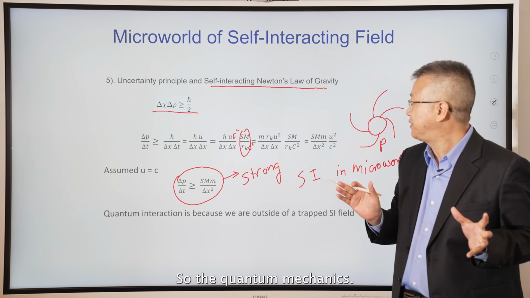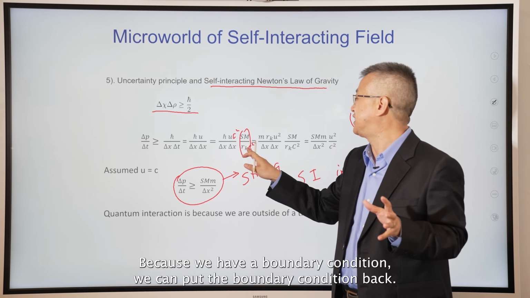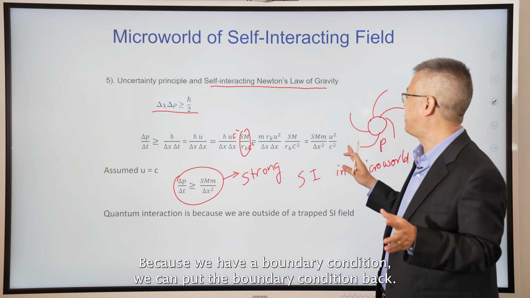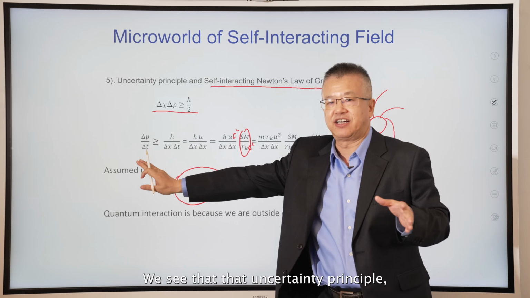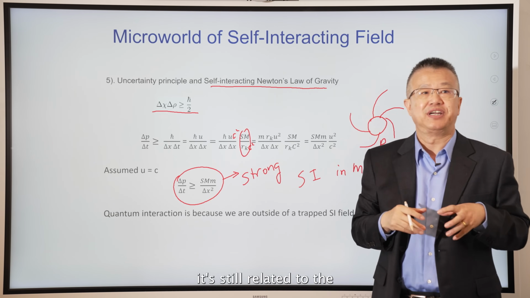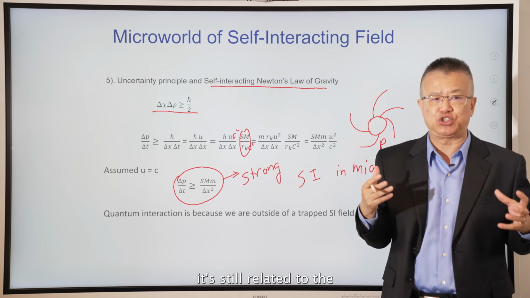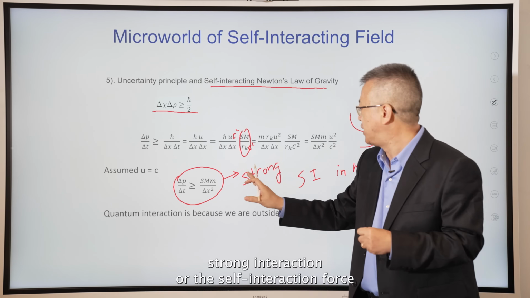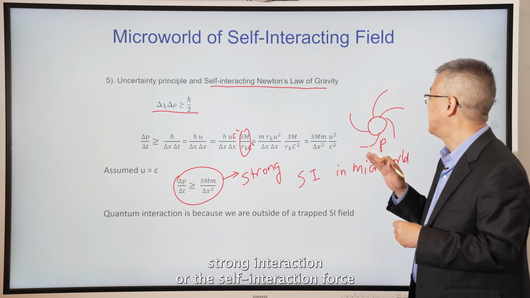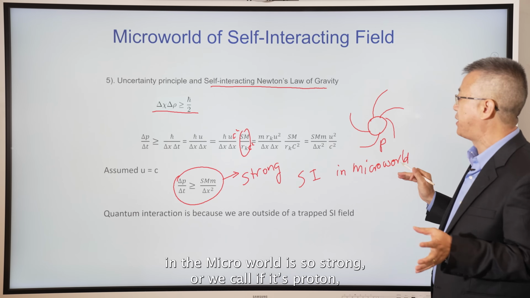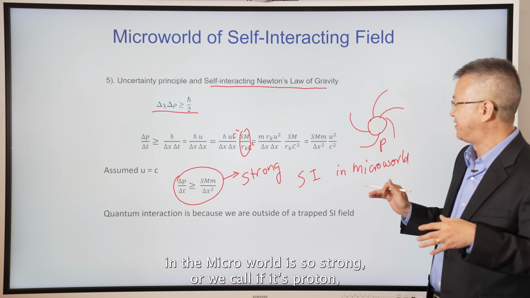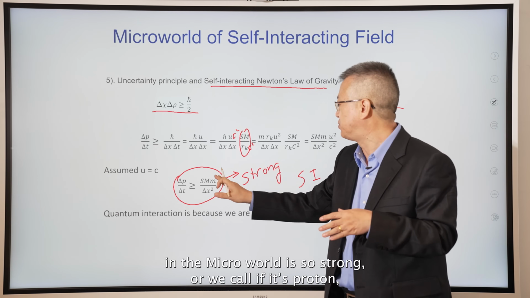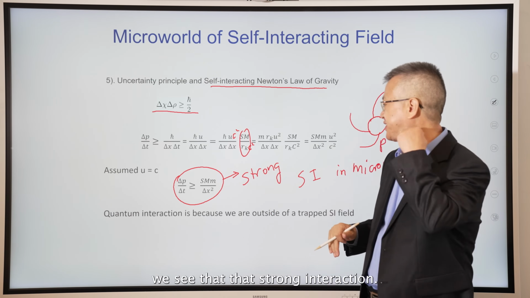So for the quantum interaction, because we have a boundary condition, we can put the boundary condition back. We see that the uncertainty principle is still related to the strong interaction, or the self-interaction force in the microworld, which is so strong. If it's a proton, we call that the strong interaction.